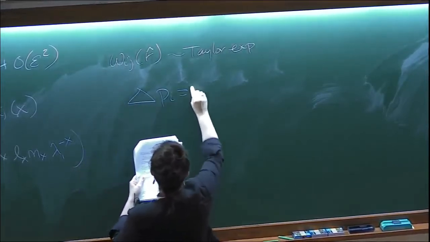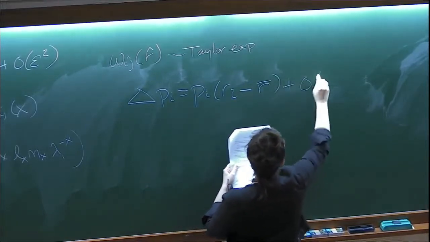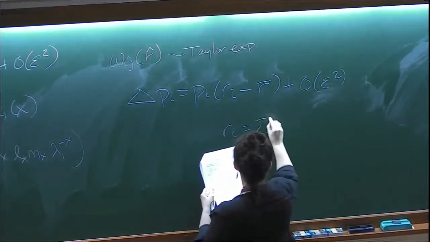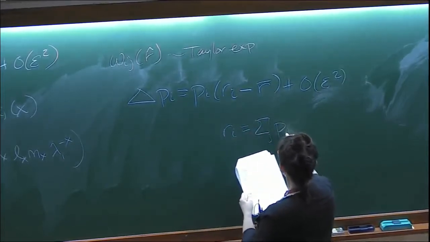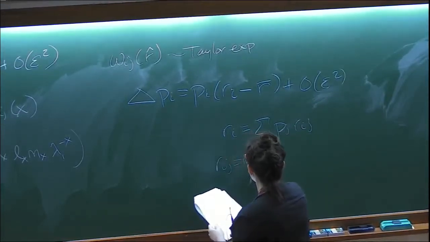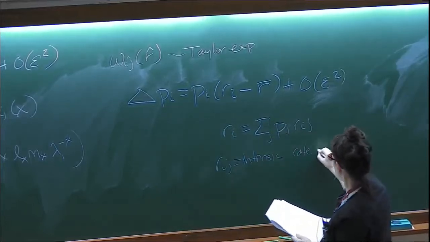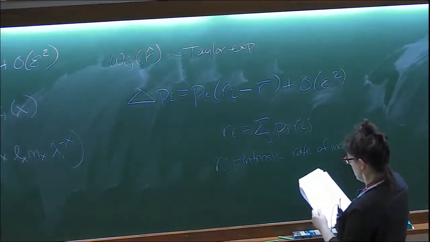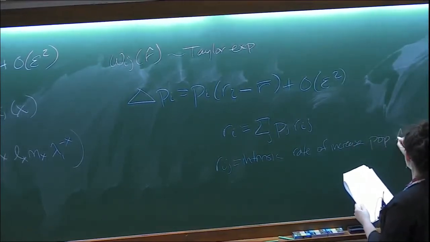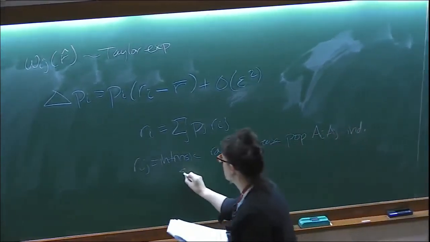And this is the equation you've now seen in a bunch of different versions. We define an intrinsic rate of increase for a population of AiAj individuals at the steady age distribution.